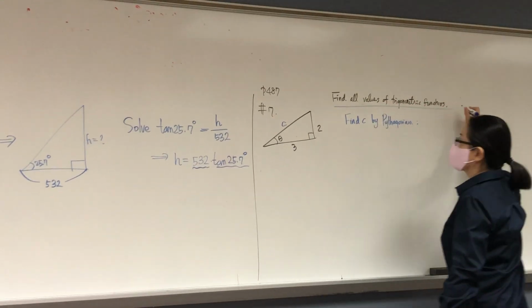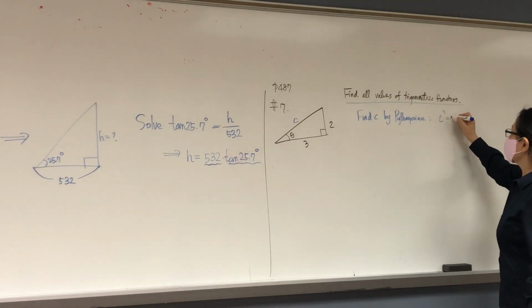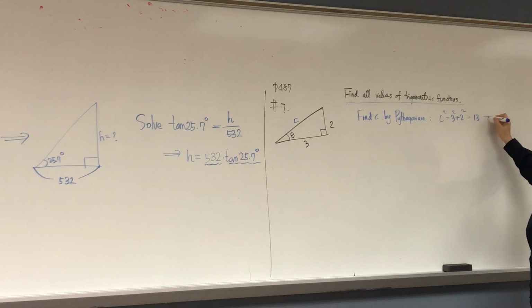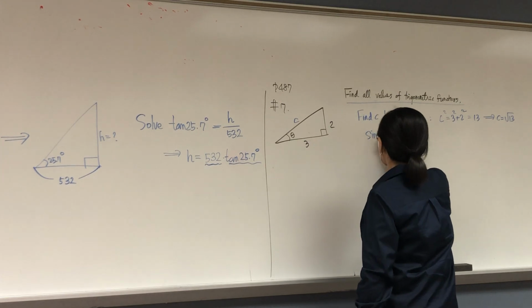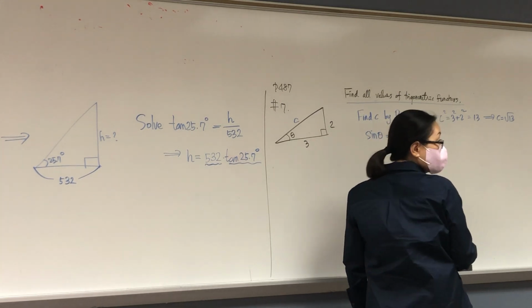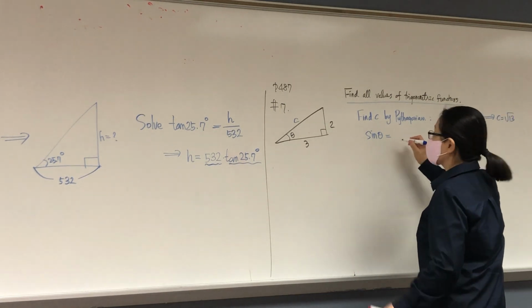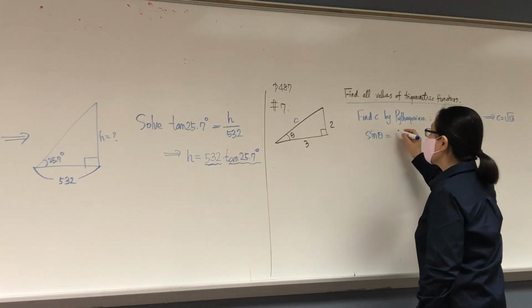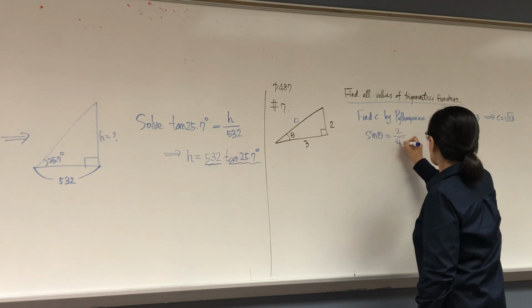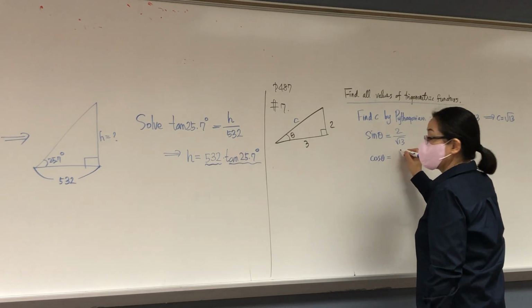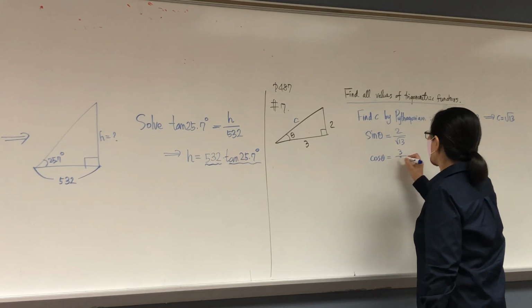C squared is equal to 3 squared plus 2 squared, so it equals 13. So C is square root of 13. Ready? What is sine theta? Sine theta is opposite over hypotenuse, so 2 over square root of 13. What is cosine theta? 3 over square root of 13.